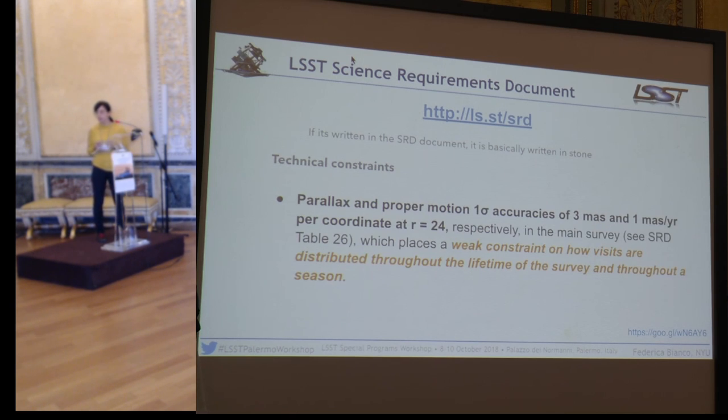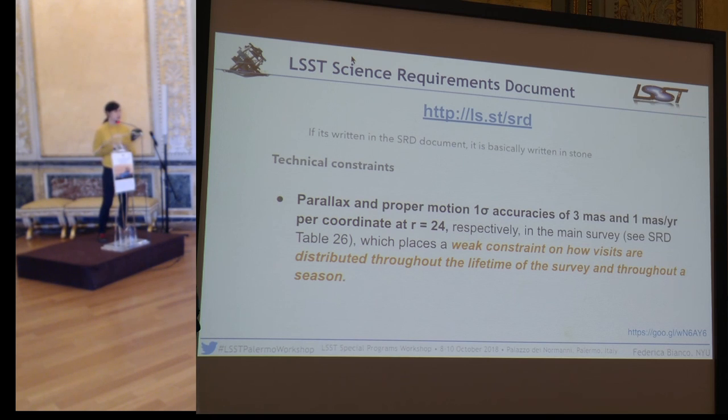There are requirements on parallax and proper motions that are pretty much written in stone, and those give weak constraints on how the visits are distributed throughout the lifetime of the survey and throughout a season. So there are some constraints and limitations to how you can design the survey.